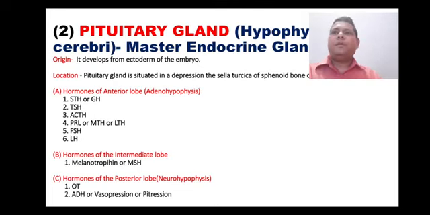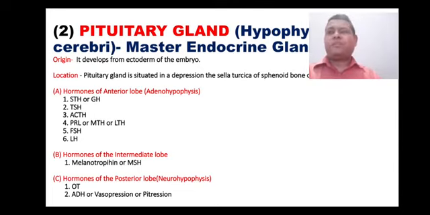Oxytocin promotes contraction of the uterine muscles and contraction of the myoepithelial cells of the lactating breast. In late pregnancy, the amount of oxytocin secreted increases just before and during labor and the suckling of the baby. Because of its role, oxytocin is called the birth hormone or milk ejecting hormone.